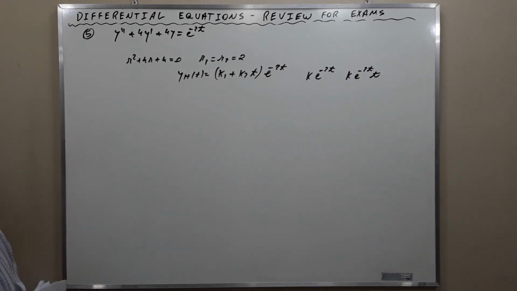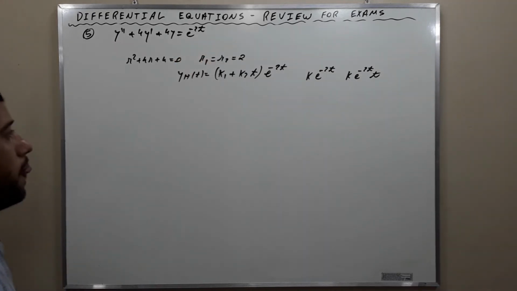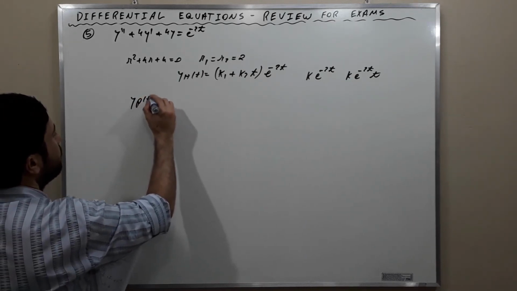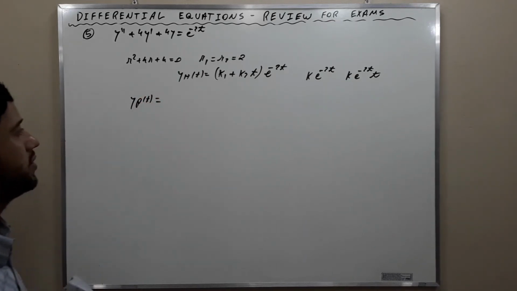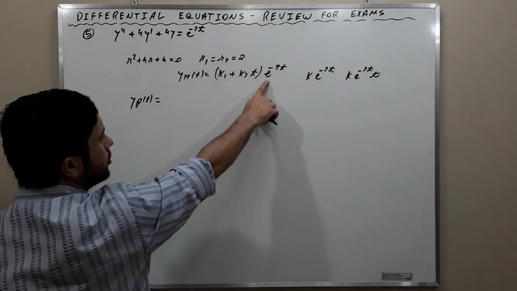This is key to understanding the particular solution of this equation when we have a forcing term such as this. Alright, so the particular solution, yp of t, is going to be similar to the homogeneous solution.